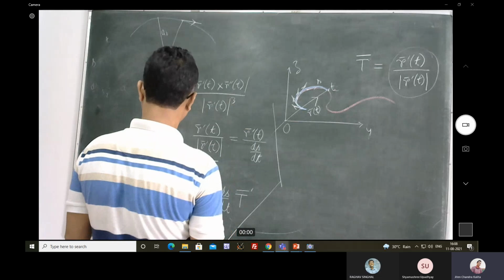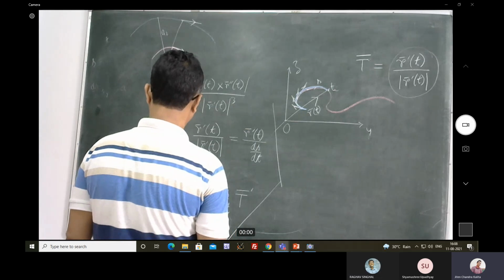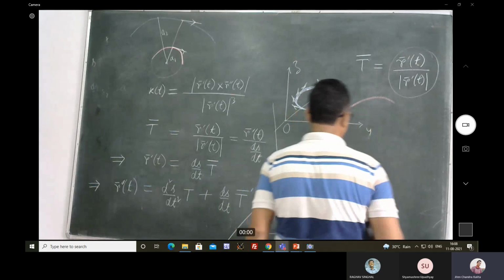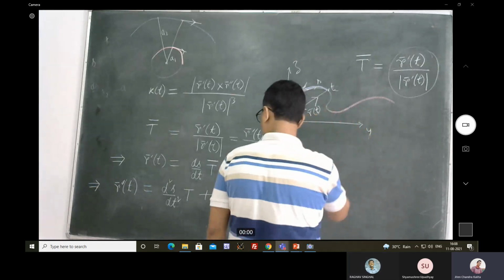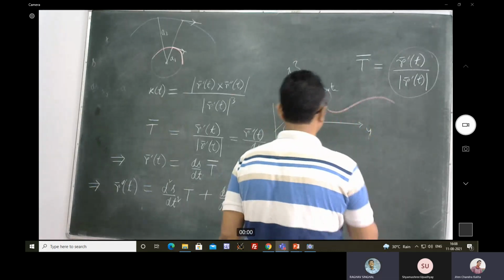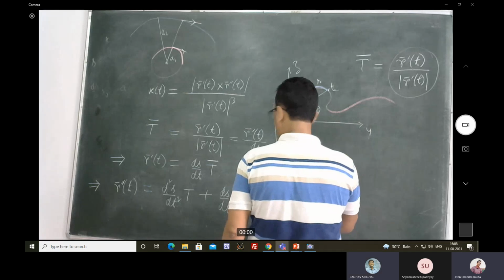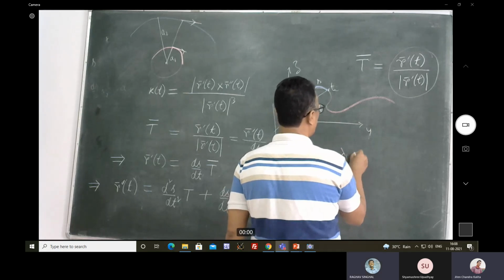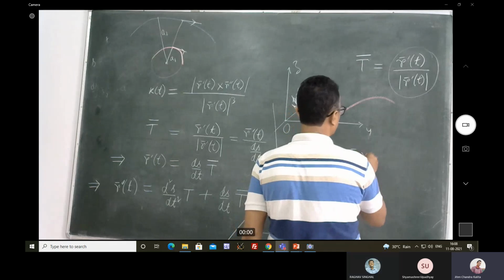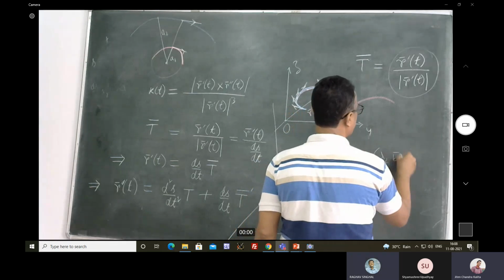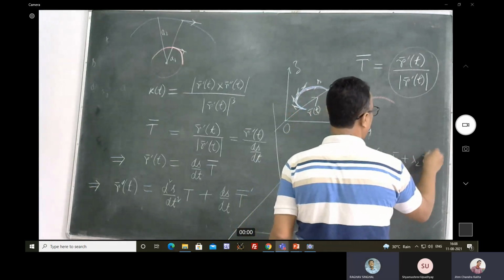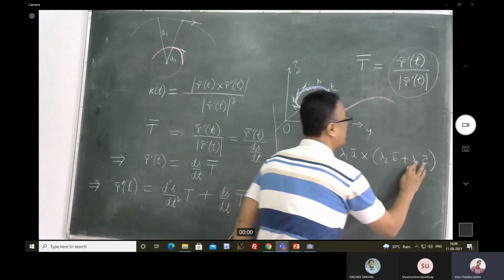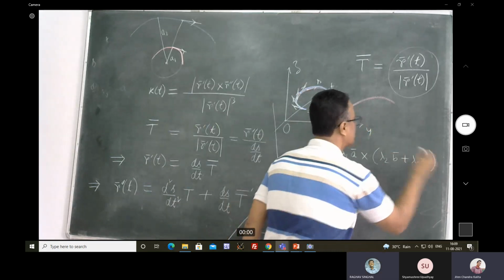So always remember, in the vector cross product, suppose I have something like lambda 1 a cross lambda 2 b plus lambda 3 c, where a, b, c are vectors and lambda 1, lambda 2, lambda 3 are scalars.